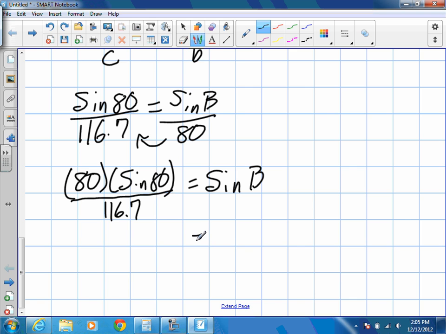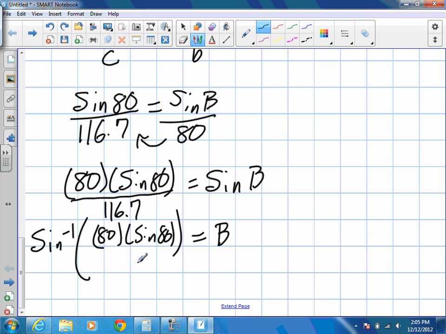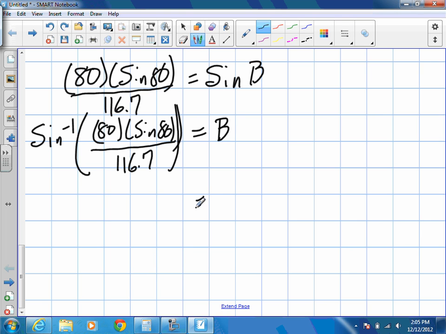So this is what I could type in my calculator: the sine inverse of bracket 80 times sine 80, all divided by 116.7. You can put that all in your calculator in one shot, instead of rounding decimals out. And this will give you a final answer, exact. 42.45. Okay, we're going to round to 42 because we're looking at degrees.